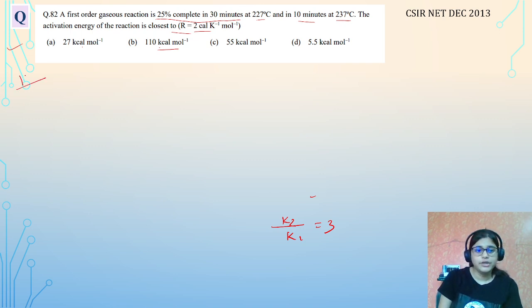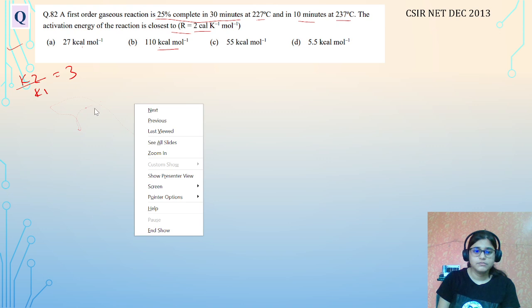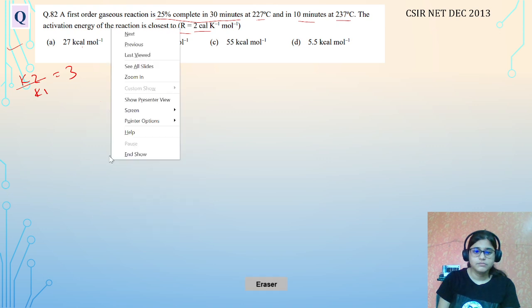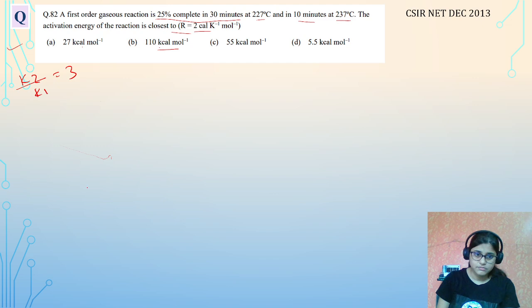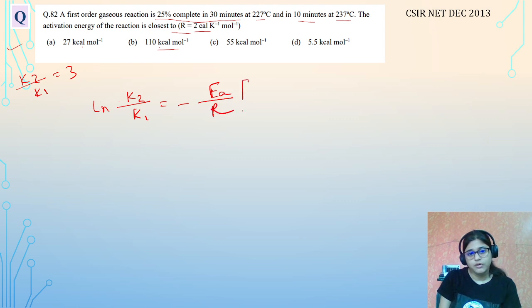Now we know K2 by K1 equal to 3. So here we know this part. Fine. Now we know ln K2 by K1 is equal to minus EA by R into 1 by T2 minus 1 by T1. This we know.